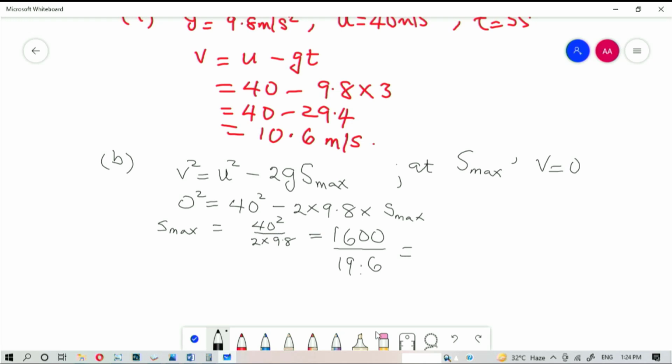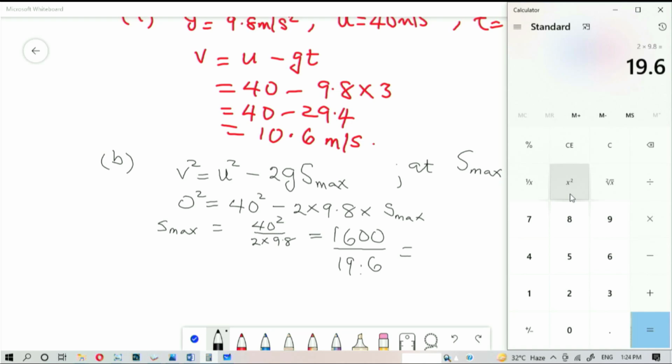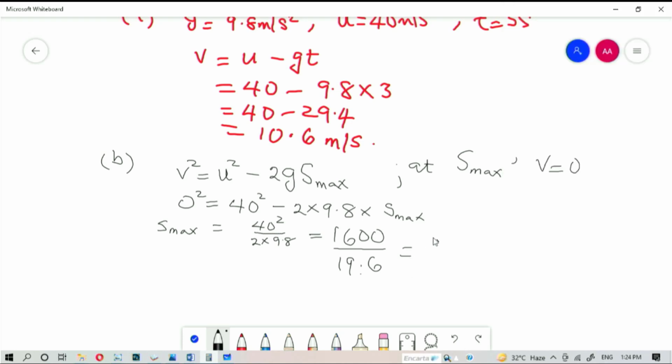So the final computation gives us 1,600 divided by 19.6. That gives us 81.63 meters.